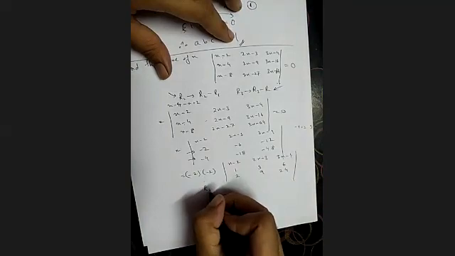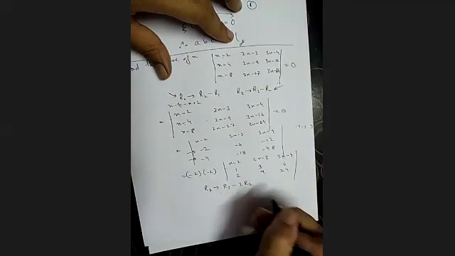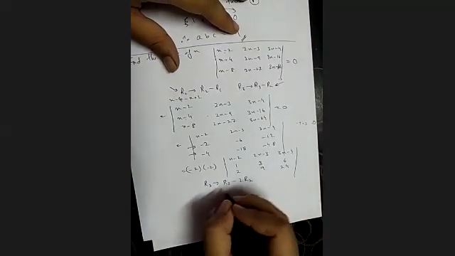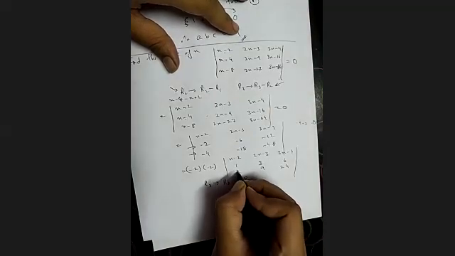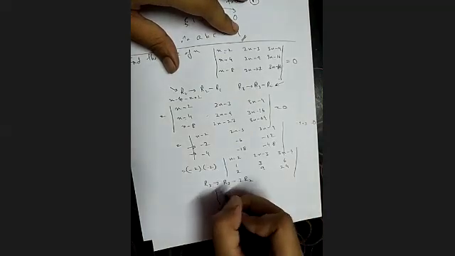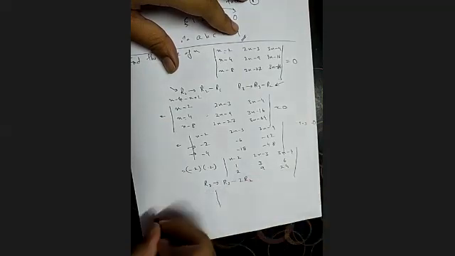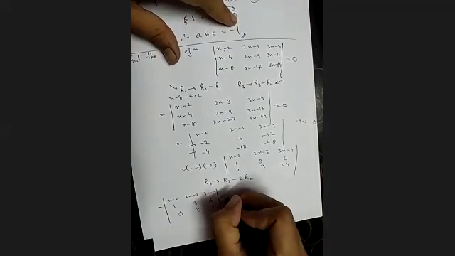Now apply R3 implies R3 minus 2R2 to make this one 0. So you will get x minus 2, 2x minus 3, 3x minus 4, 1, 3, 6, 0, 3, 12. This is also equal to 0.